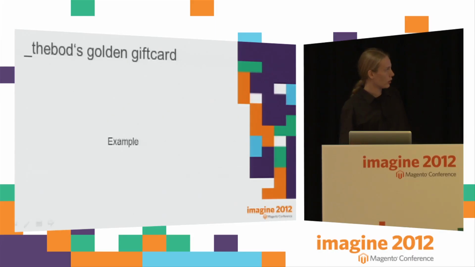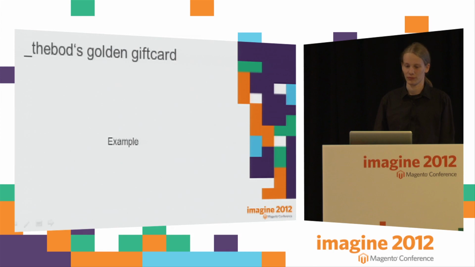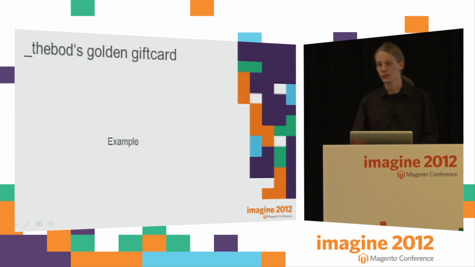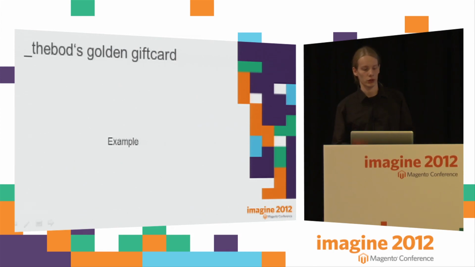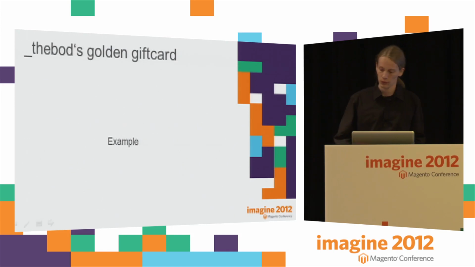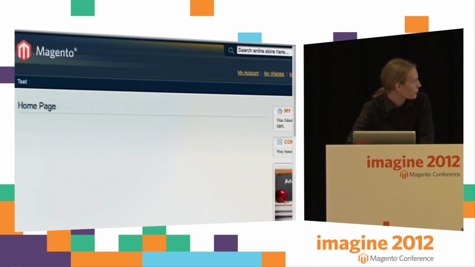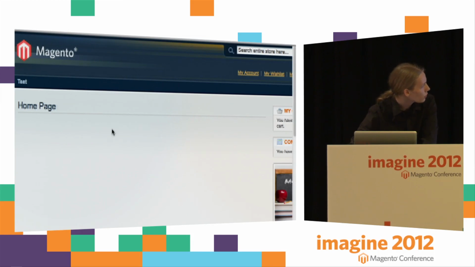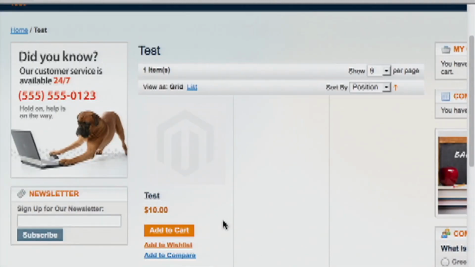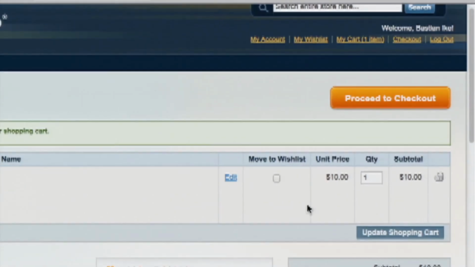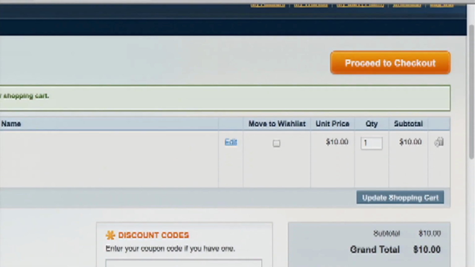Now I want to show you my first attack. I found this about 1 year ago, basically during the last Imagine. It's fixed in 1.5.1.0. So this is a clean 1.5.0.1 Magento installation. It has 1 test product, $10. Add to cart. Check out.